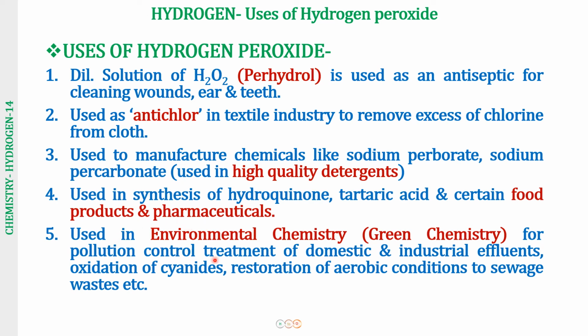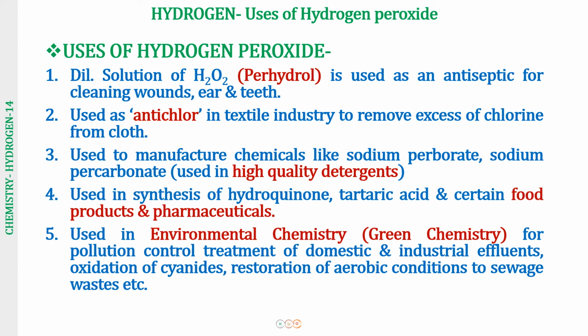It is used in environmental chemistry or green chemistry. This is used for pollution control. What is it used for in pollution control? It is used for the treatment of domestic and industrial effluents. It is used for the treatment of the sewage coming from the homes as well as from the industries, and this causes oxidation of cyanides, restoration of the aerobic conditions to the sewage waste, etc. So it is very important in the maintenance of environmental chemistry, right?